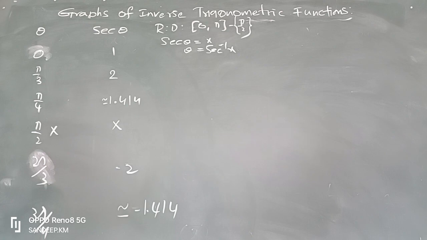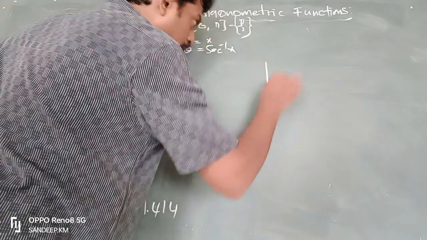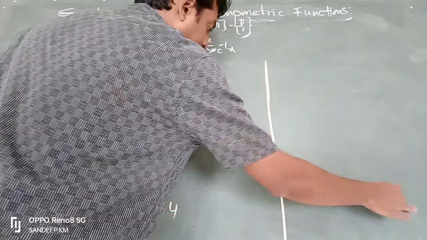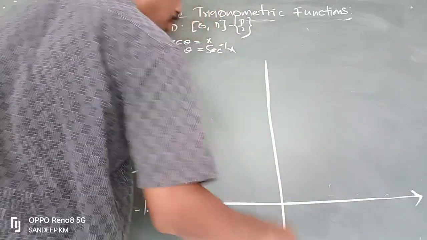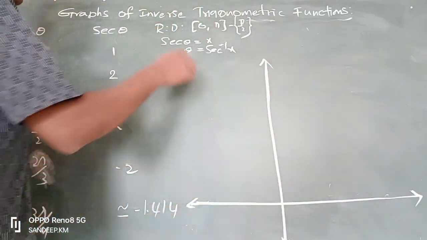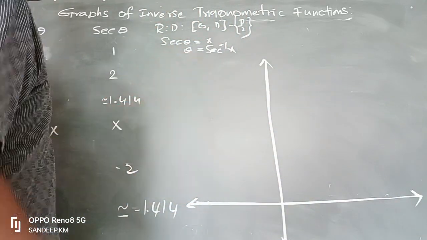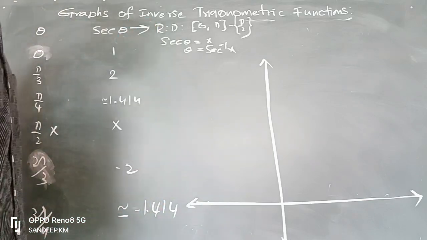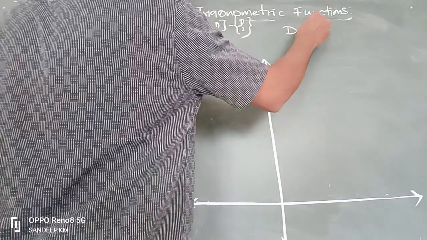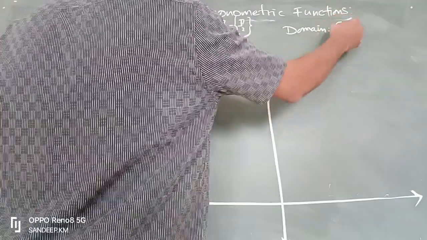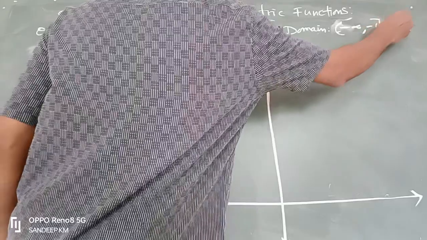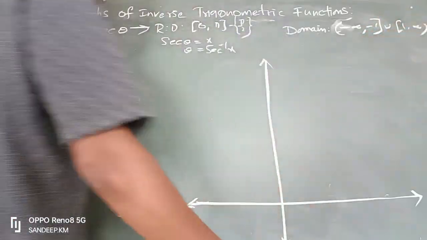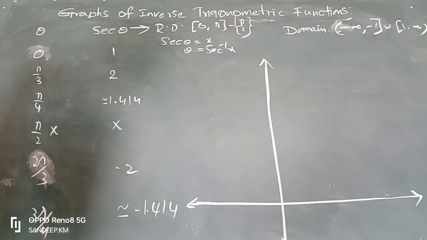Now, let me take the x-axis and y-axis. Remember the restricted domain of secant inverse x. What is the domain of secant inverse x? The domain of secant inverse x is minus infinity to minus 1 union 1 to infinity.